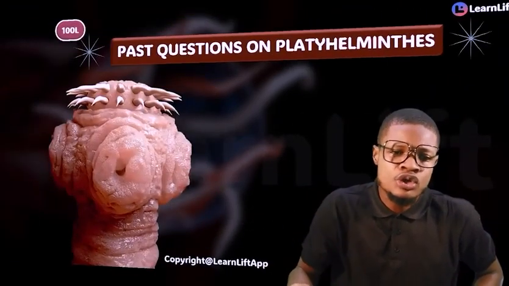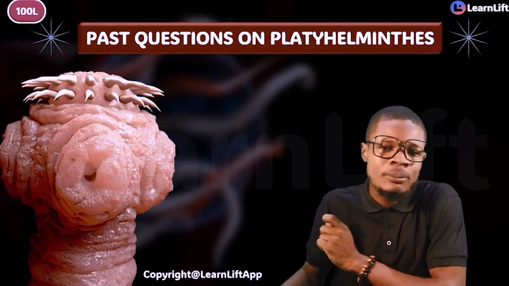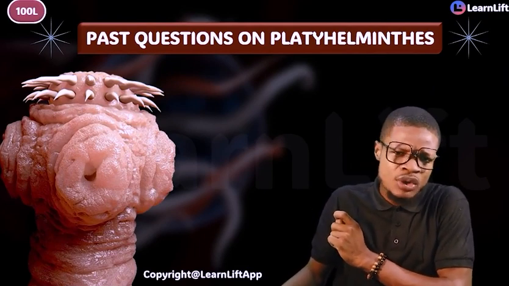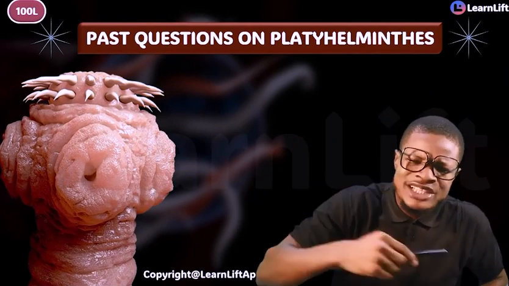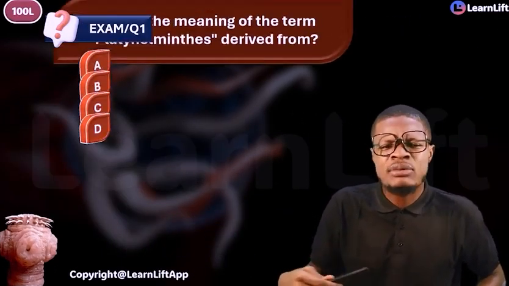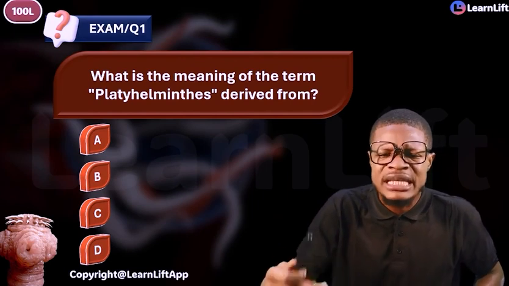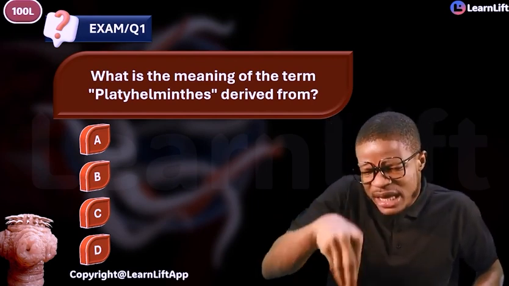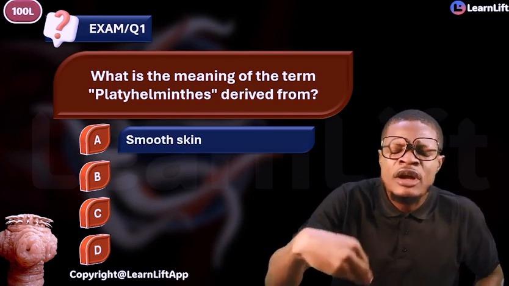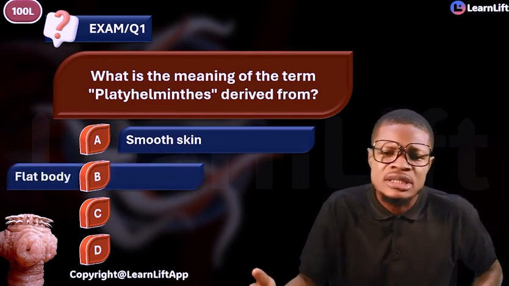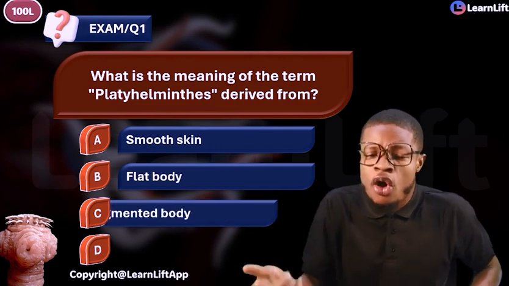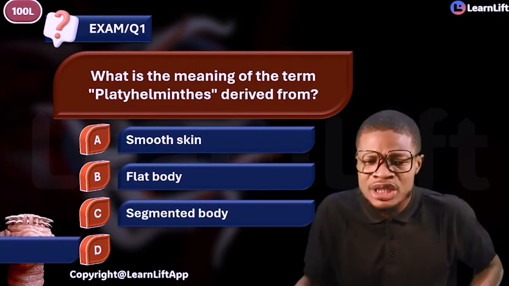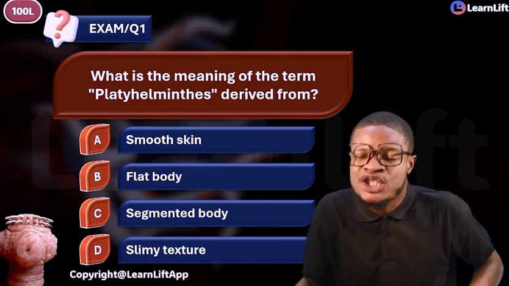Another important thing you must know is the past questions from platyhelminthes that they don't play with, under the introduction. Follow me. Number 1, they gave this exam question: what is the meaning of the term platyhelminthes derived from? Is it derived from smooth skin, your flat body, your segmented body, or your slimy texture?